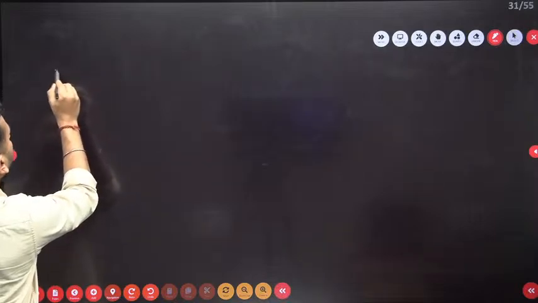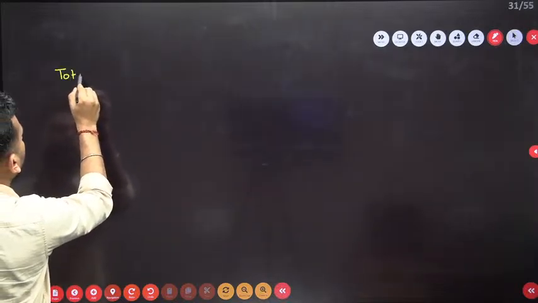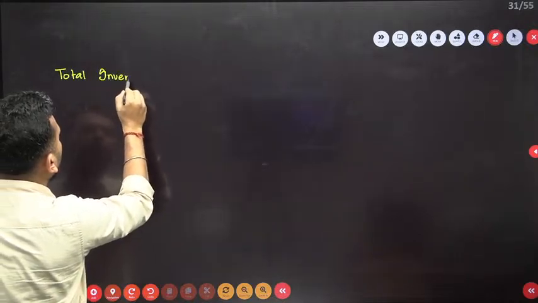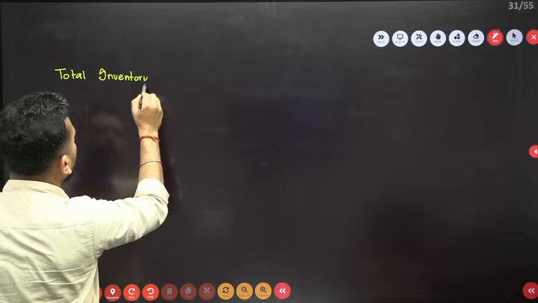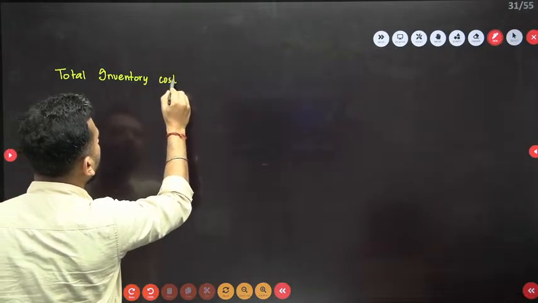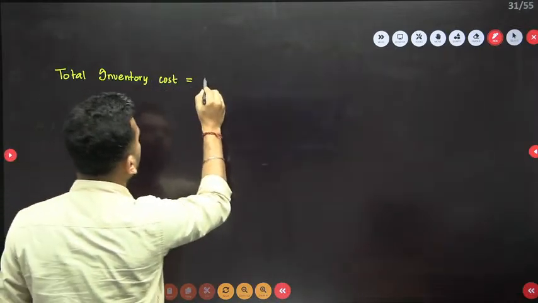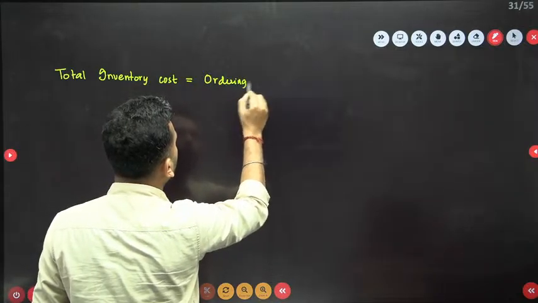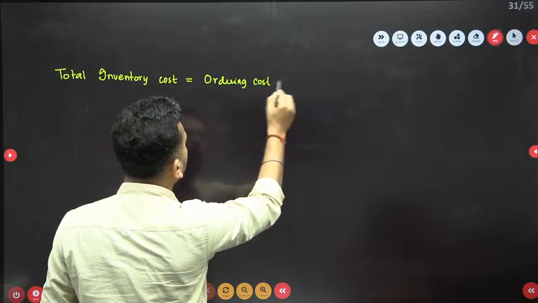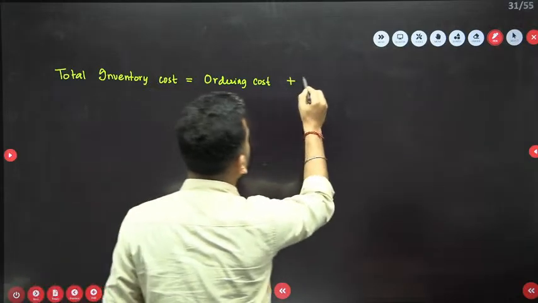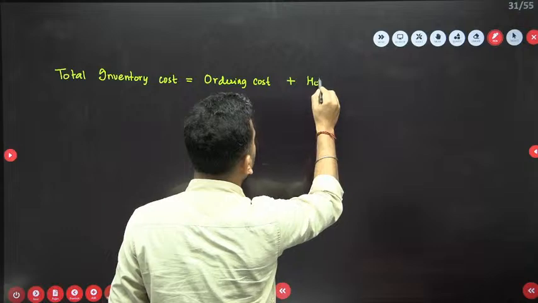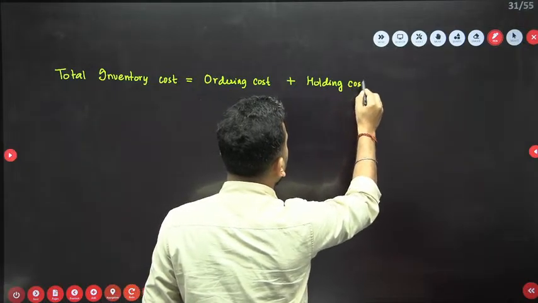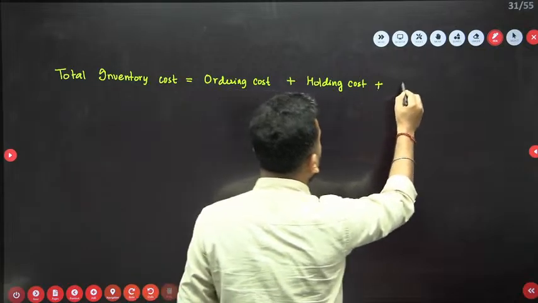The total inventory cost, or I can say the variable cost over here, is nothing but the ordering cost plus the holding cost plus the shortage cost.